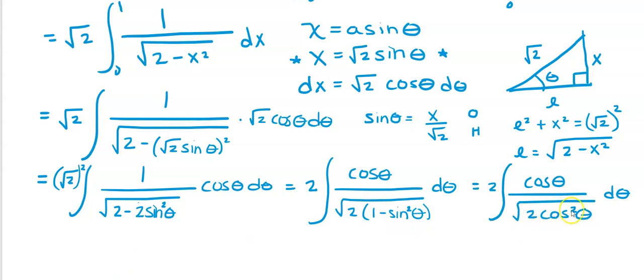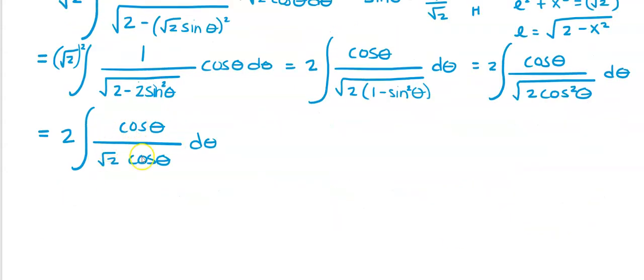And now that we've replaced that, we can separate these two into the radical 2 and then the radical of cosine squared. And the square root of cosine squared is just cosine. So in the denominator, we'll end up with just cosine with a square root of 2 in front. Now that we've simplified that, I'm going to bring the square root of 2 that's in the denominator in front with the coefficient 2.